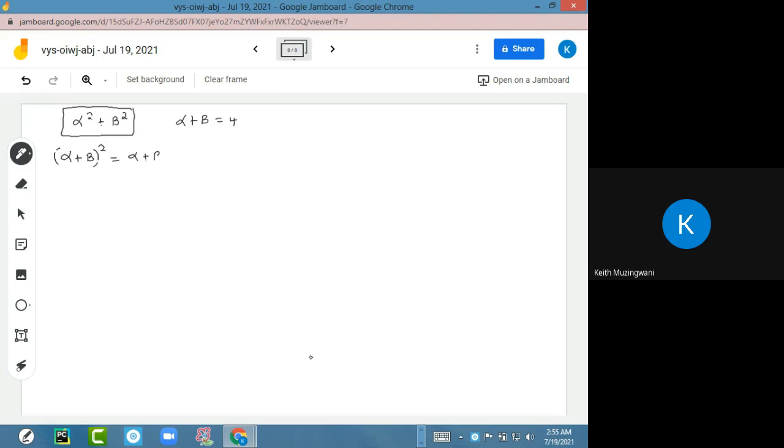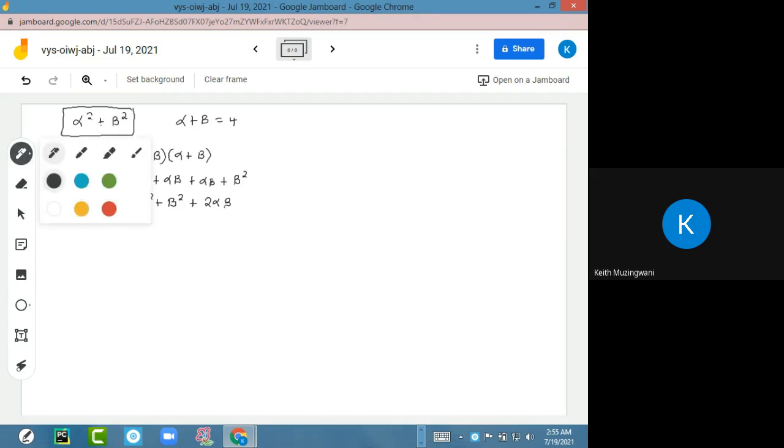It will give us alpha plus beta multiplied by alpha plus beta, which is alpha squared plus alpha beta plus alpha beta plus beta squared, giving us alpha squared plus beta squared plus 2 alpha beta. Now this thing on the left is alpha plus beta squared.